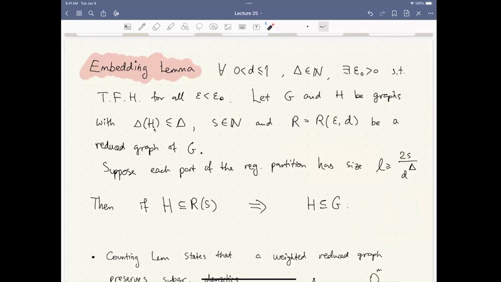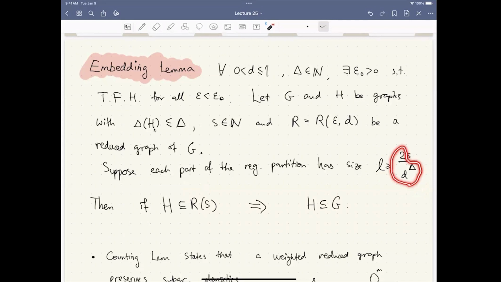So here it's saying that if we have a graph with maximum degree delta, then as long as each part of the regular partition is sufficiently large, larger than this S, which is the key one, after this is constant. Okay, 2 is a constant.